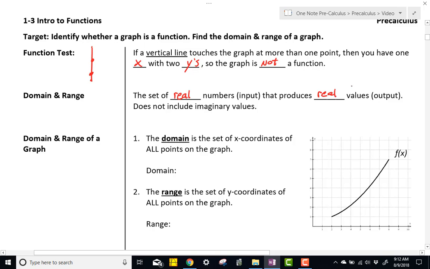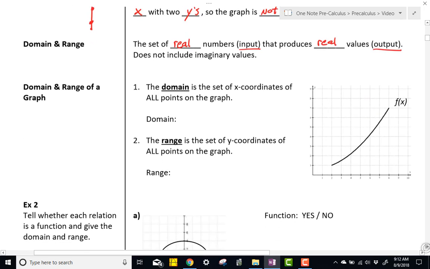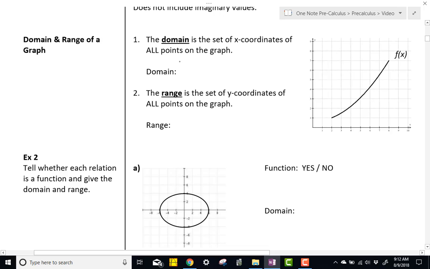Basically what you're saying here is the domain is your set of inputs and the range is your set of outputs. Okay? So your domain is usually what we would consider the x coordinates, and the range is your y coordinates. So the domain is the set of x coordinates of all points on the graph.